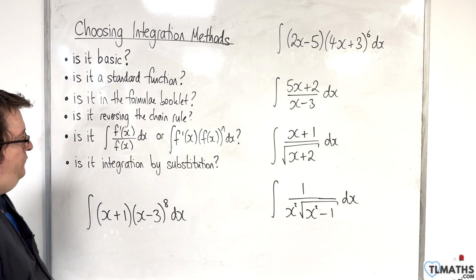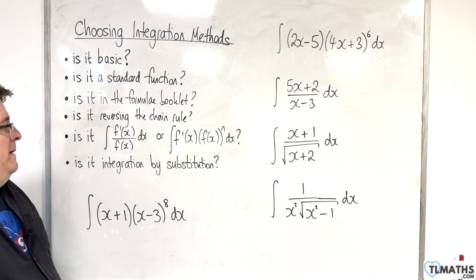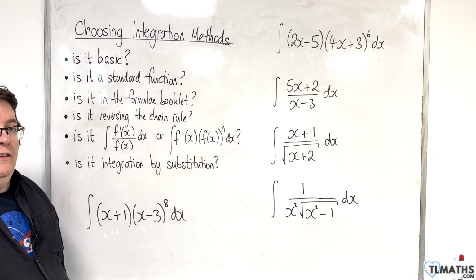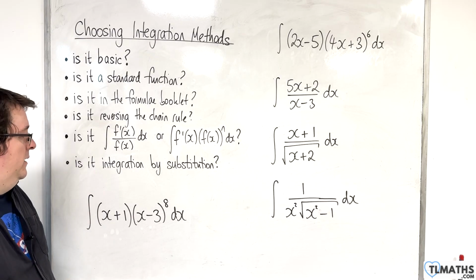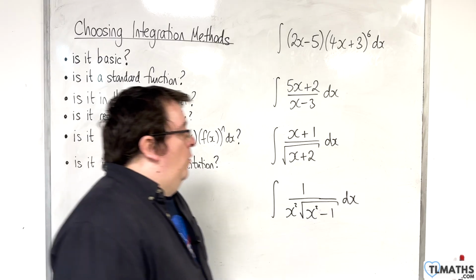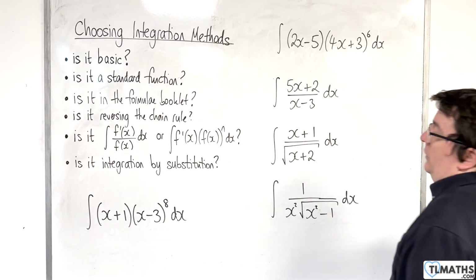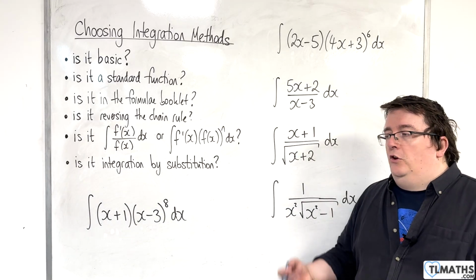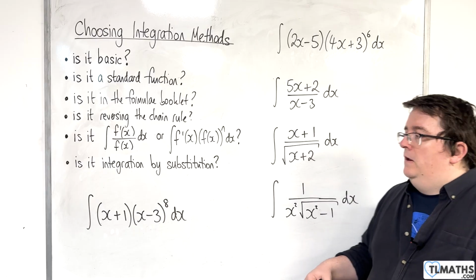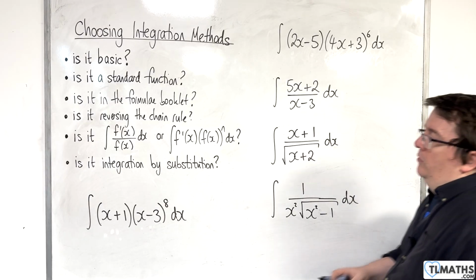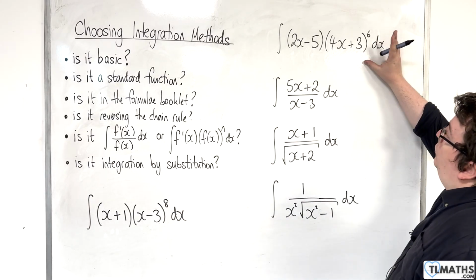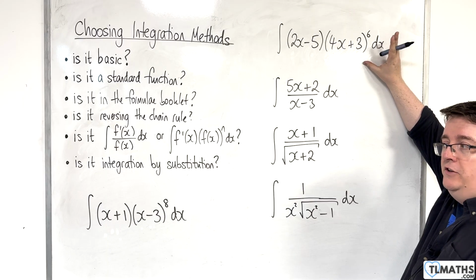So, if all of our previous methods fail, integration by substitution is going to be the next thing that we might look at. And it may well be the case that some of these can also be done by parts. So, for example, this one and this one you could alternatively do by integration by parts.